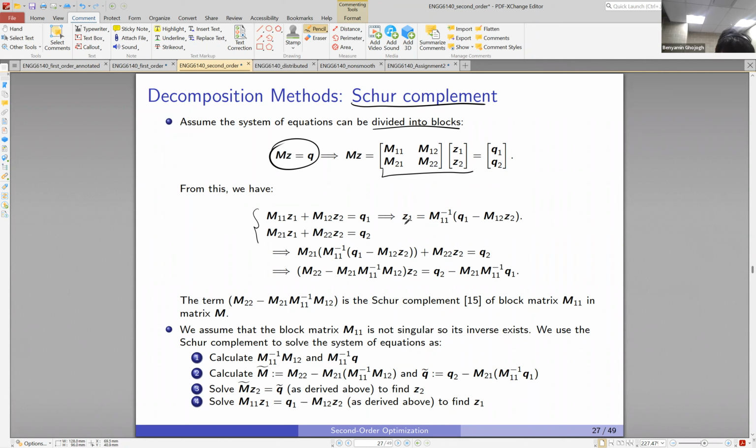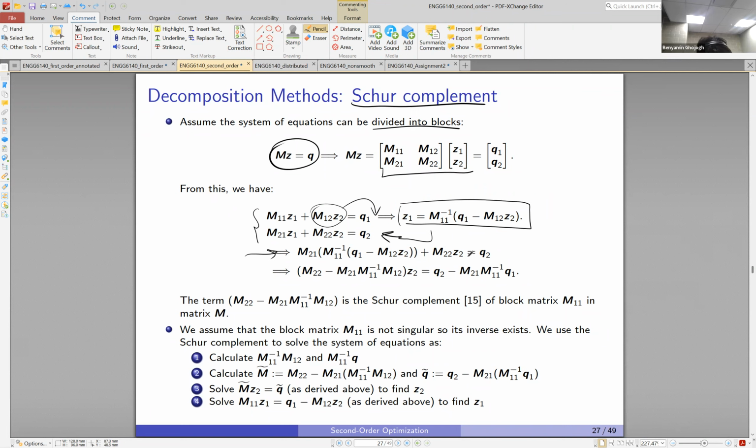So if we rearrange this, bring this to the right hand side, and left multiply both sides by M11 inverse, we'll get this. Now let's substitute this Z1 into this equation to get this. So M21 times this plus M22 Z2 equals Q2.